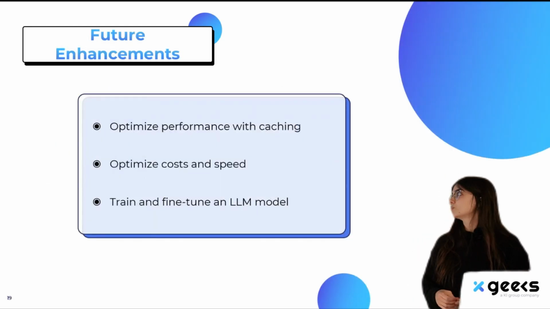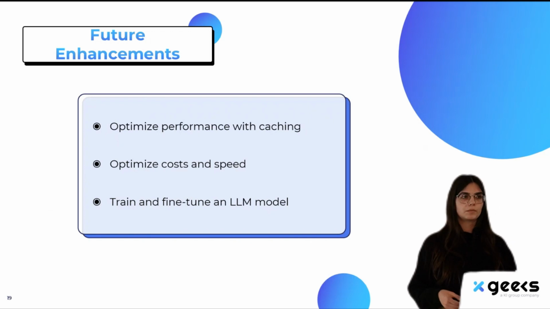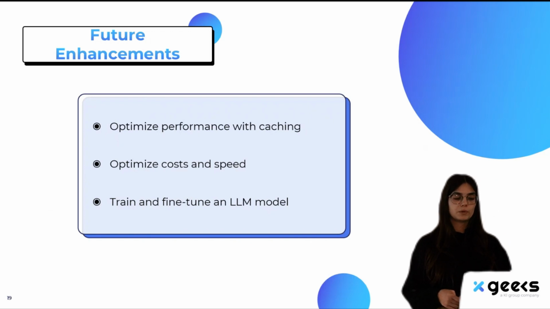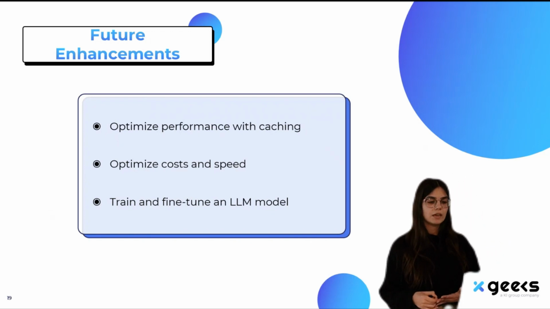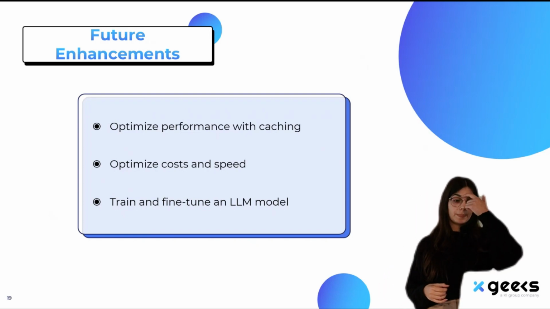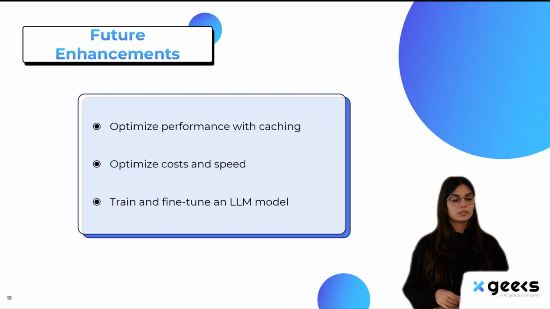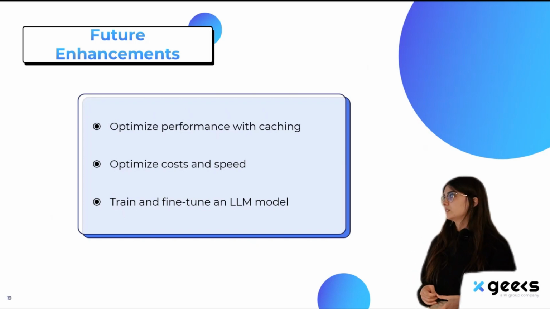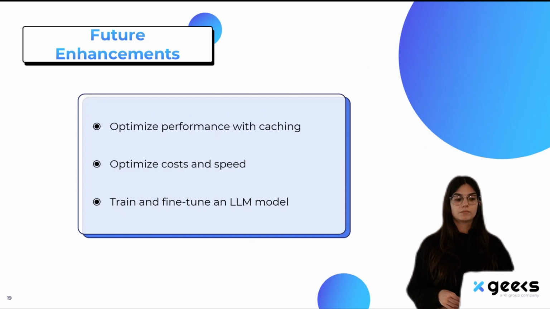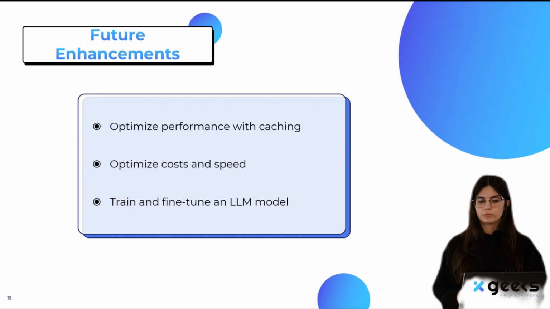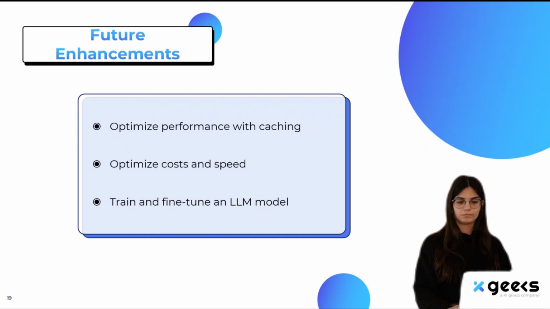So this was basically a POC, but we think we provided a solution that already improves the search and the response time of the support team. But we can already identify some things that we can do in the future to improve this solution.